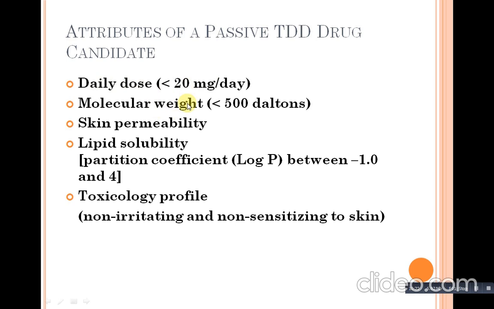The molecular weight of the drug should be small. Skin permeability: the drug must have high skin permeability. Lipid solubility: the drug must be sufficiently lipid soluble, with a partition coefficient between 1 and 4. Toxicological profile: the drug must be non-irritating and non-sensitizing to the skin, meaning it should not cause any hypersensitivity reactions.